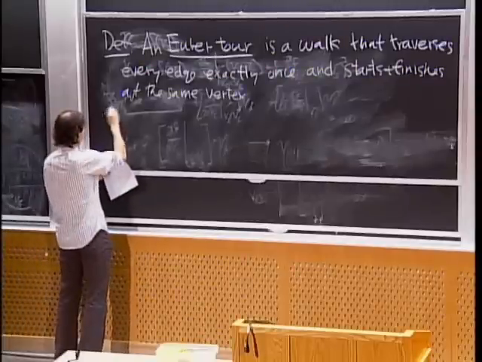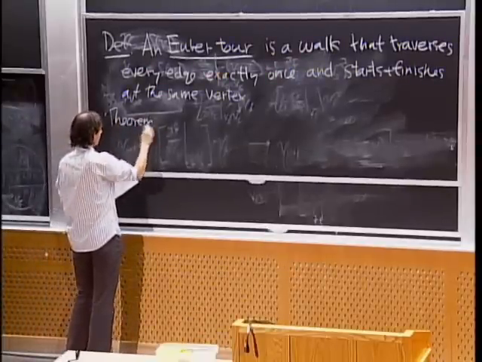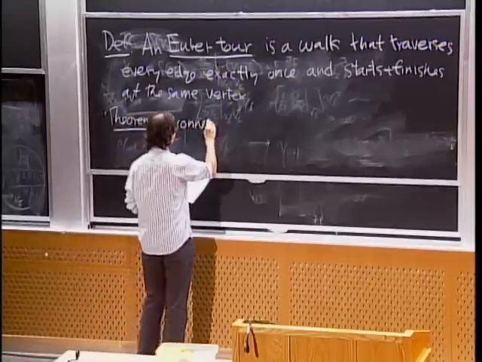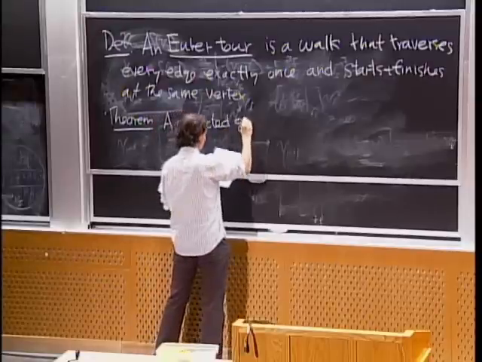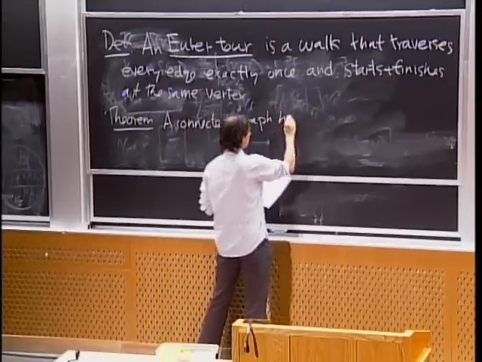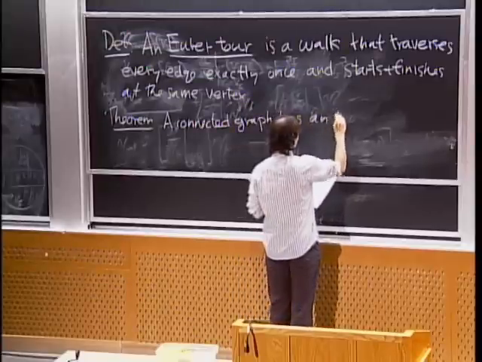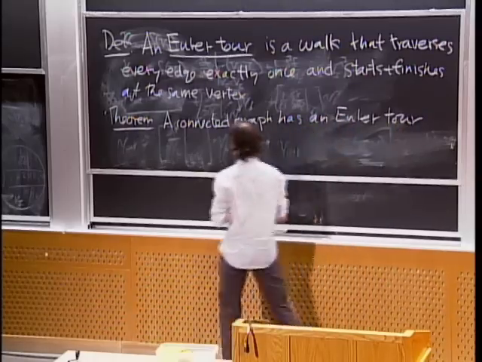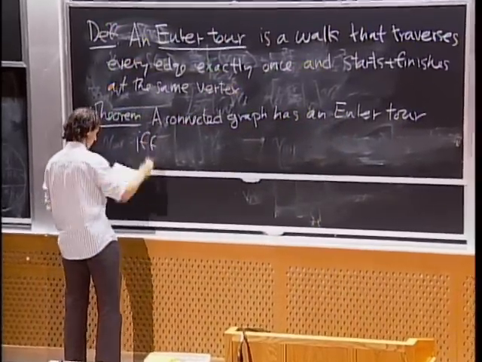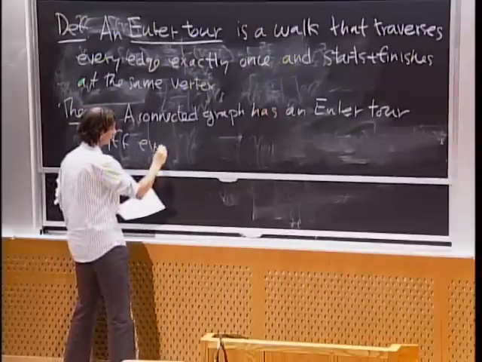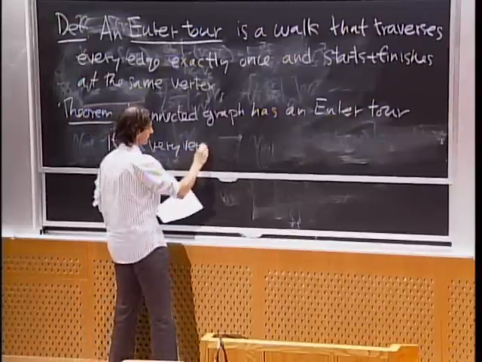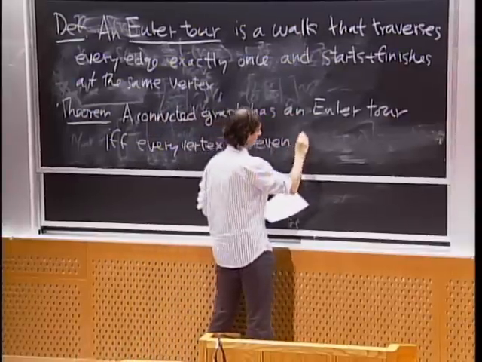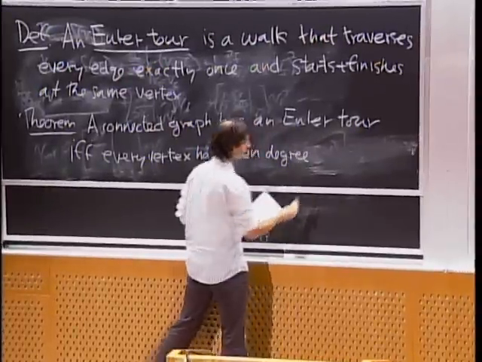The theorem states that actually, if a connected graph has an Euler tour, if and only if every vertex of the graph has even degree. So that's a very nice and simple and straightforward characterization.